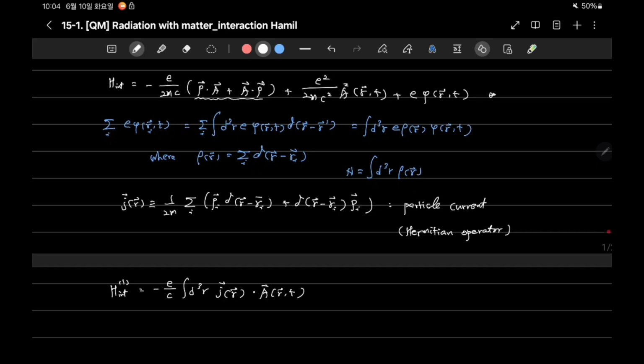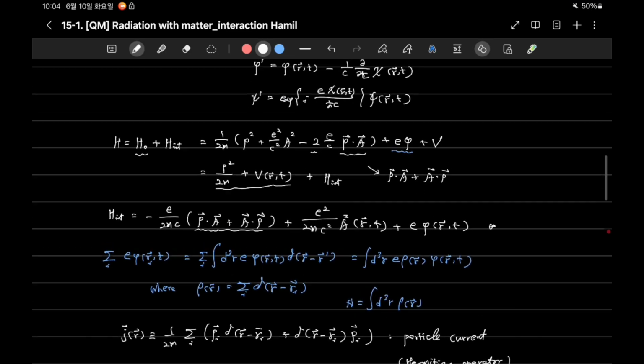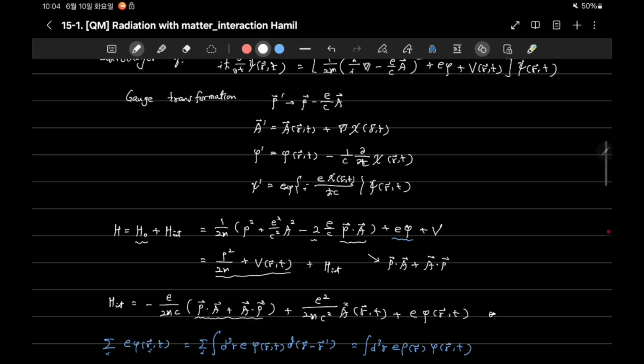But under an electromagnetic field, because of gauge invariance, the canonical momentum divided by m, with the term e over cm, is not a velocity. Under the gauge transformation, the canonical momentum divided by m is not a velocity.